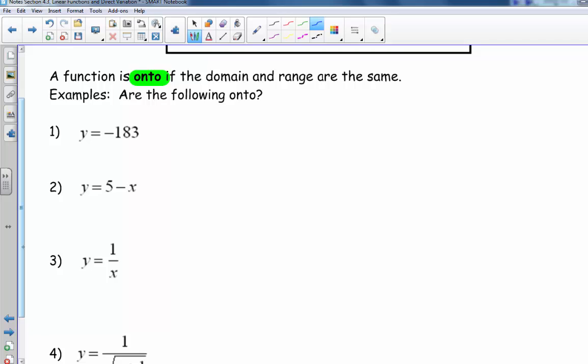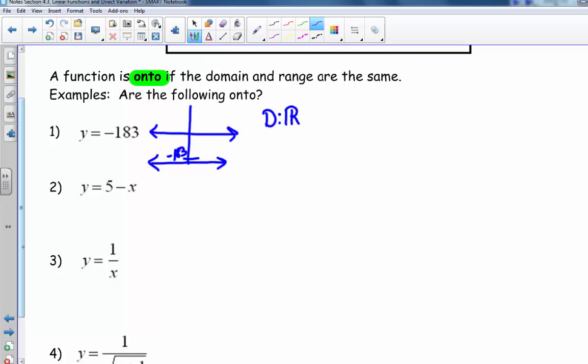So first graph. Y equals negative 183. So that's going to be down here, negative 183. The domain is all real numbers because you can put in any value for x.